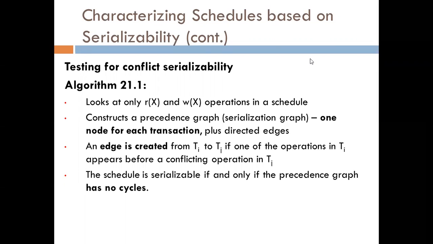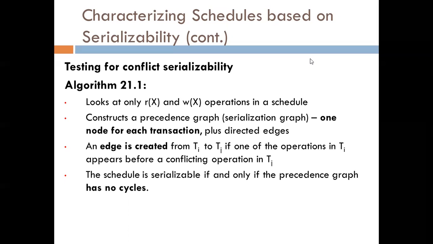Based on that, we'll construct a precedence graph, that is, one node for each transaction plus directed edges. An edge is created from a transaction I to transaction J if one of the operations in I appears before a conflicting operation in J.